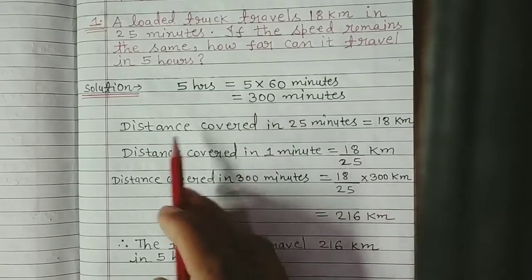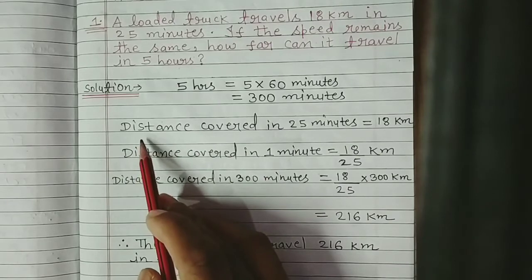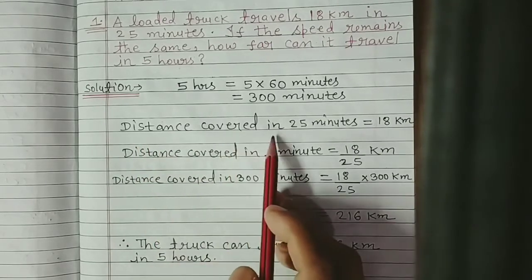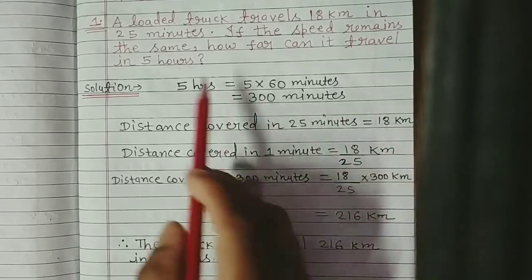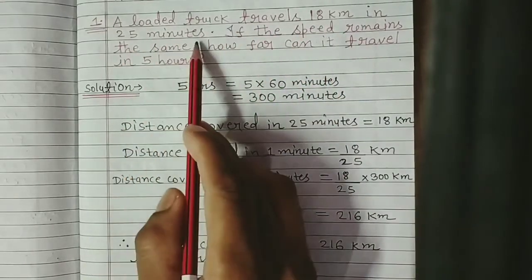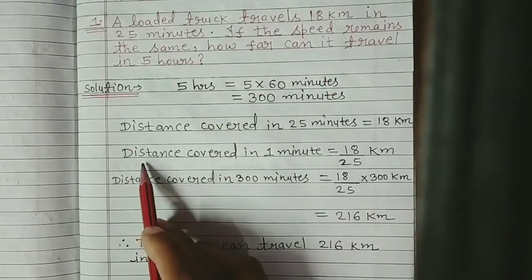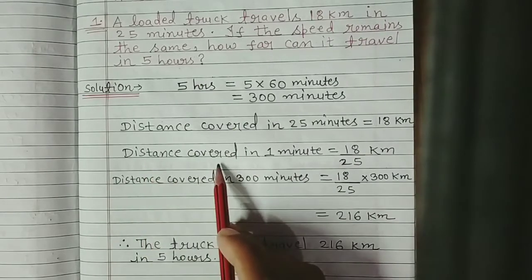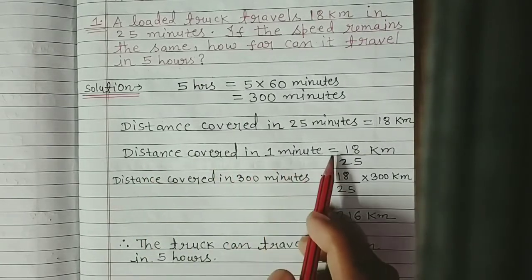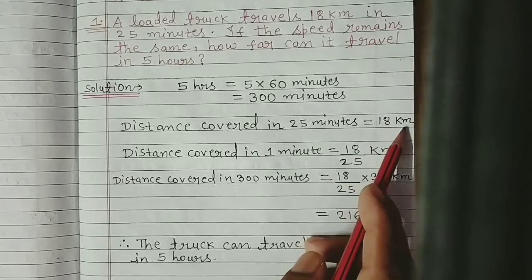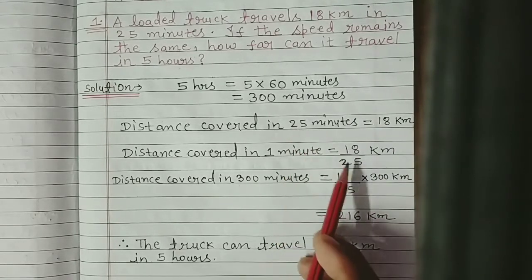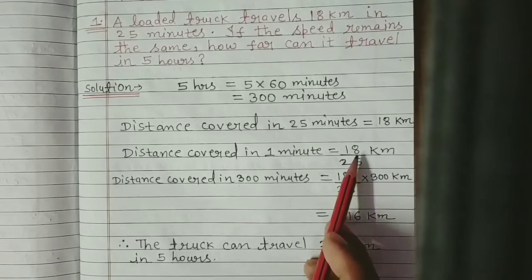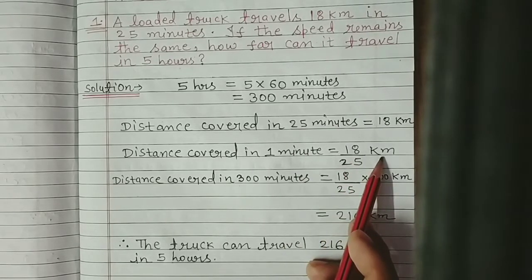Clear? Now I have written distance covered in 25 minutes equal to 18 km, as it is given in the question. Now I have written distance covered in 1 minute equal to this 18 km by this 25, 18 by 25 km.